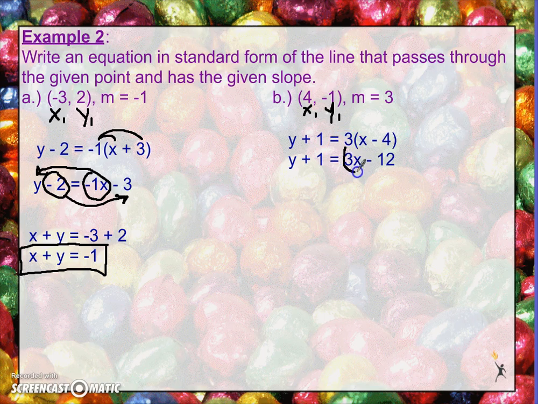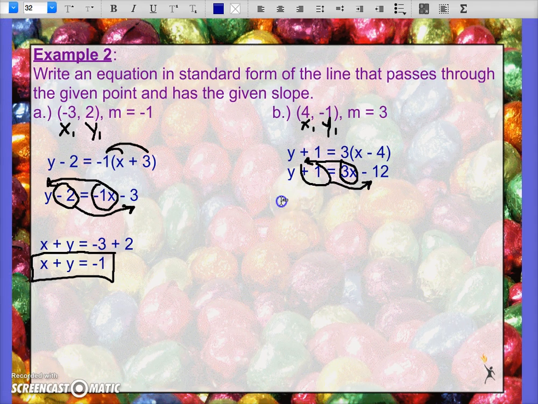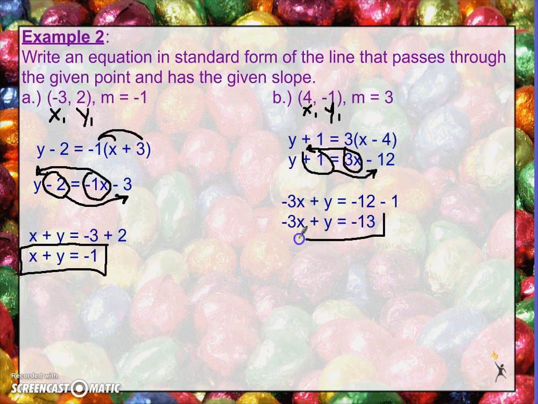We want the 3x to come over to the left, and this +1 to come over as -1 on the other side. So 3x comes over as a -3x. y is still a plus y, we leave it as is. -12 minus 1. And that's my answer in standard form. So once again, standard form is just the x's and the y's all on the left.